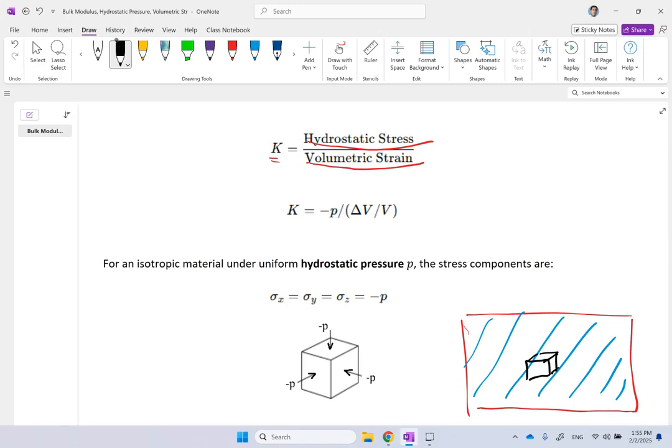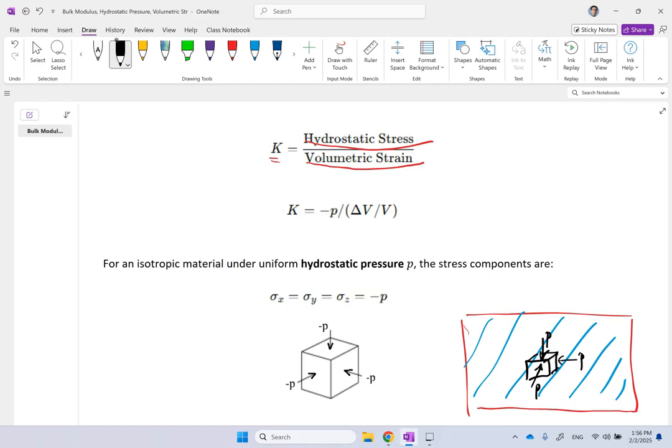If it's a small dimension, then from all these different directions, the only thing it will be exposed to is the pressure in that location. And if these dimensions are very, very small, like an infinitesimal element, all these pressures are the same because they depend on the depth of the water, and they are equal.